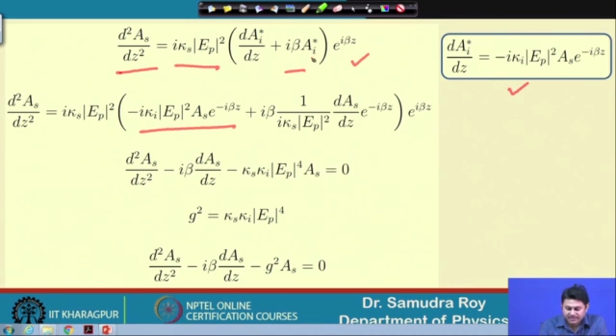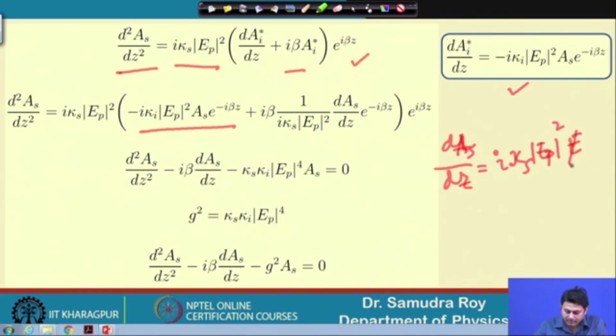Now, we have A I star. I just replace A I star, because I have dA s dz equal to I kappa s mod of E p square and then A I star and then e to the power of I beta z.